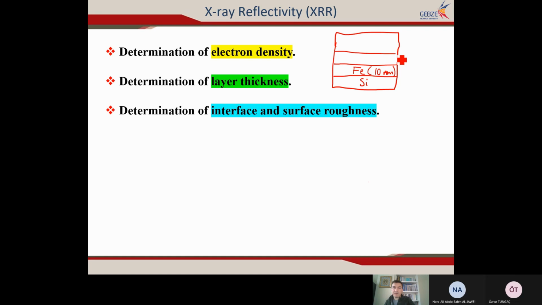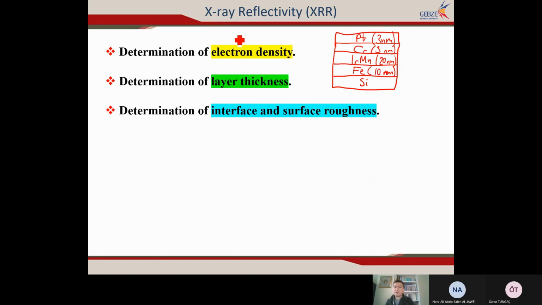And here we have, let's say, iridium manganese, 20 nanometer. And here we have chromium, let's say 3 nanometer. And here we have platinum, let's say 3 nanometer.